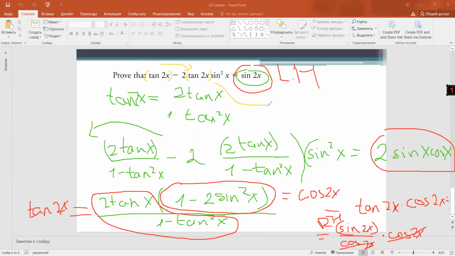And if we did that, what would we get? We would get tangent 2x times 1 minus 2 sine squared x. And here you can see right away that 1 minus 2 sine squared x should be equal to cosine of the double angle, and you factor it with tangent of the double angle without the first step of unwrapping it. But it's only under the condition that you noticed it.